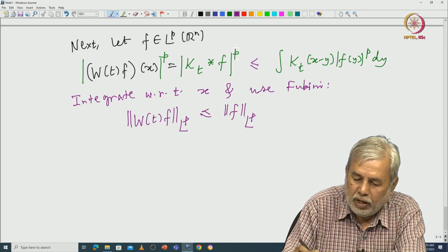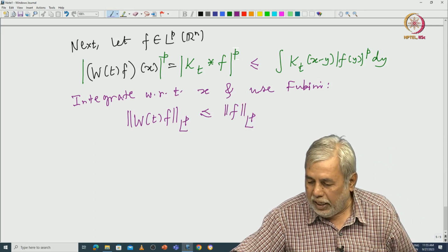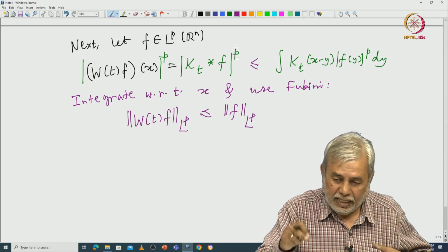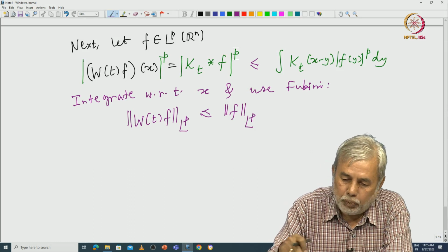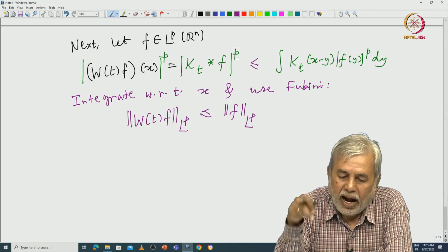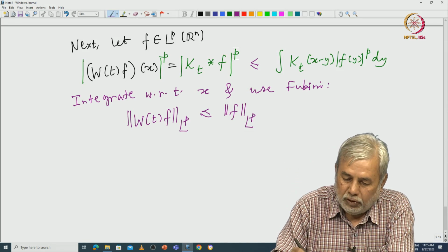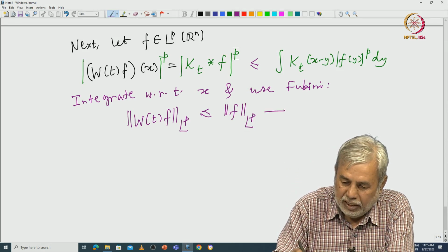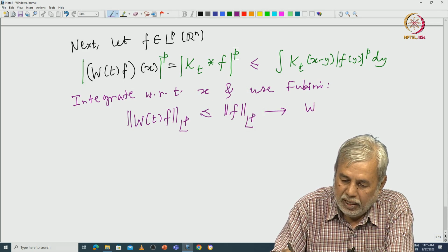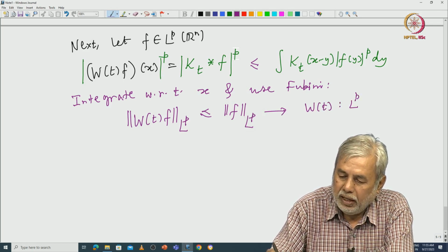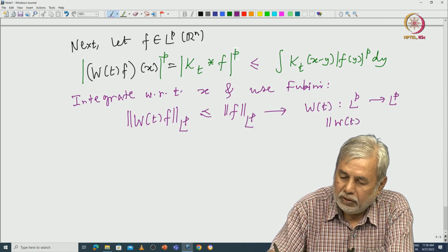So here we are using constantly these two properties, especially that the integral of K t is positive, so we do not have to put any absolute value there, and the integral of K t is 1. So that is very important. This immediately shows that W t maps Lp Rn to Lp Rn, and so it is continuous. So that is the first step.